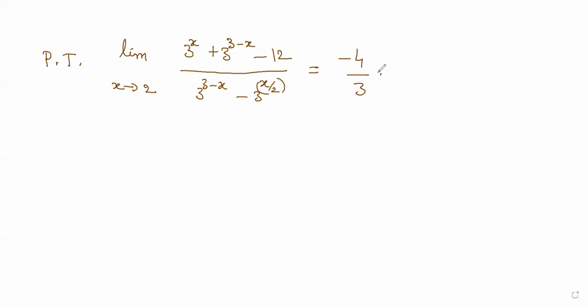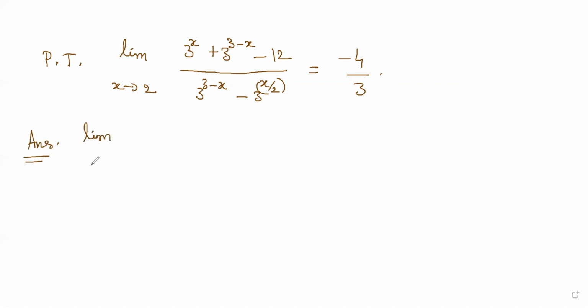Just check by substituting 2 over there. Disaster once again. You will get 0 by 0, disaster. So we have to handle this situation. This is a really good challenge actually. We'll do that, no problem. So how to handle this? Limit x tends to 2.